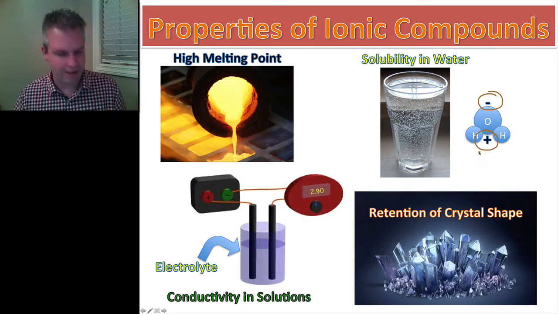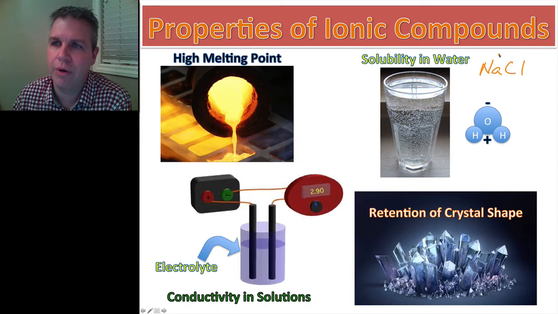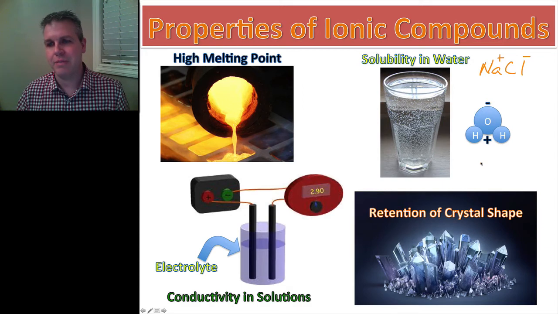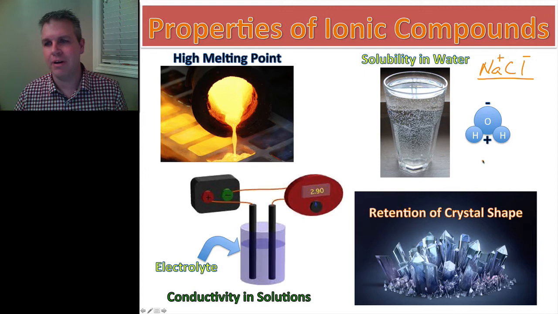So what does that have to do with ionic compounds? Well, when they get into water, let's say we have sodium chloride. We know that sodium ion is positively charged and chloride is negatively charged. Water being polarized, one side of it is positively charged, the other side is negatively charged, so it's actually going to pull this compound apart.